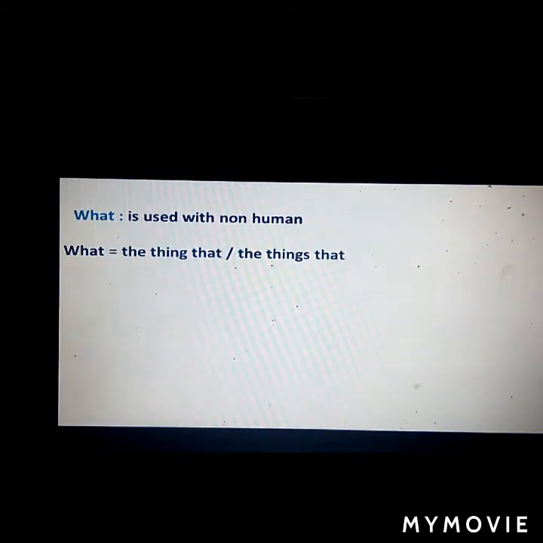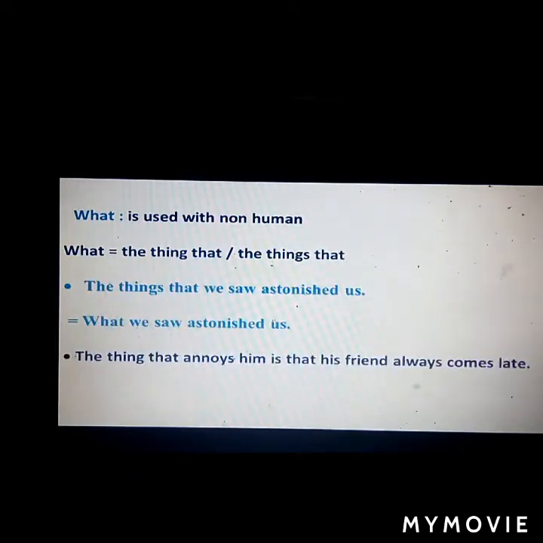The things that we saw astonished us means what we saw astonished us. The thing that annoys him is that his friend always comes late, his friend always comes late and that annoys him. This means what annoys him is that his friend always comes late.